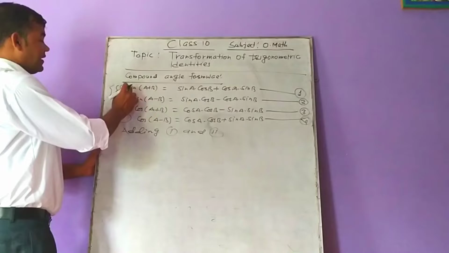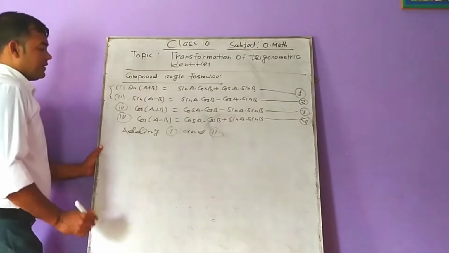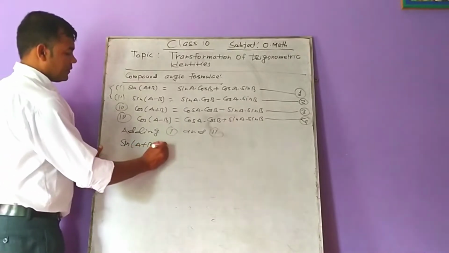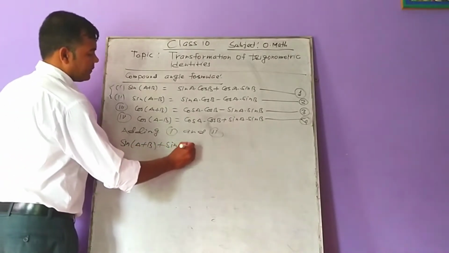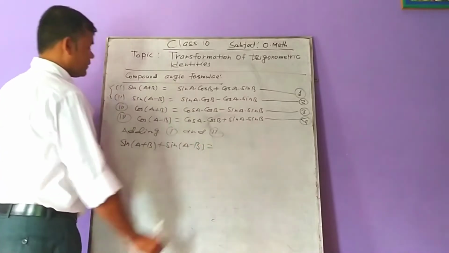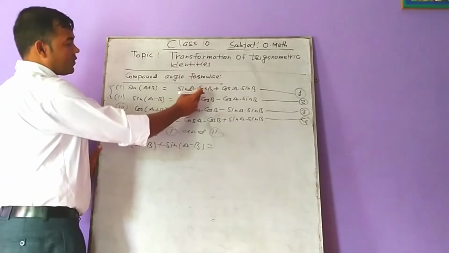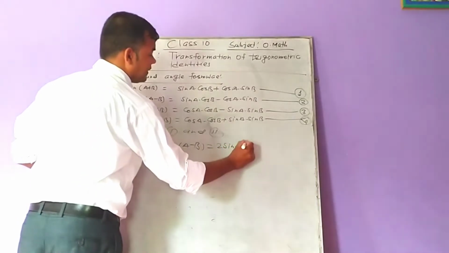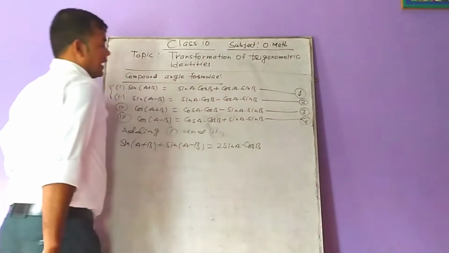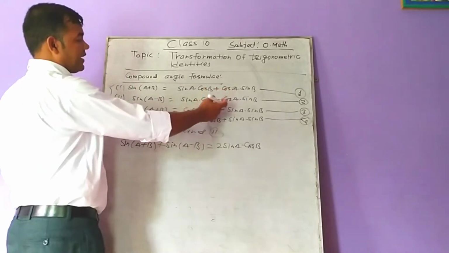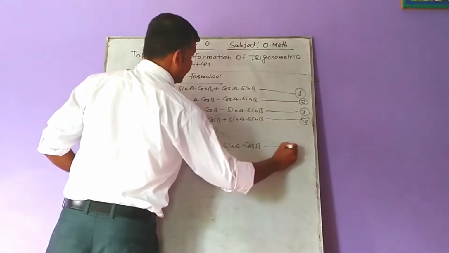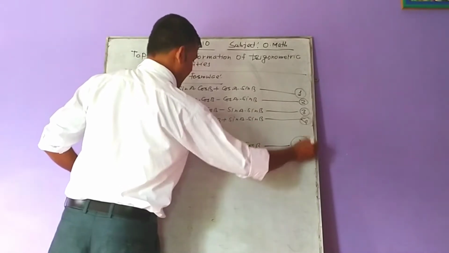If you add these 2 identities, you will get sin(A+B) + sin(A−B) = sin A cos B and sin A cos B, meaning 2 sin A cos B, and here plus and minus cancel out. Suppose it is identity number A.